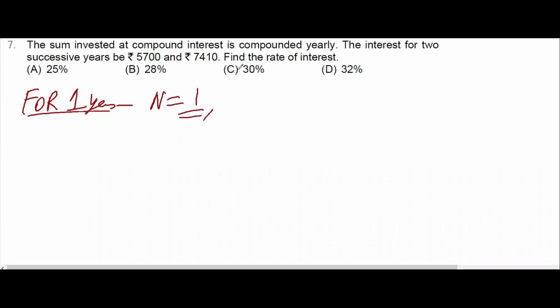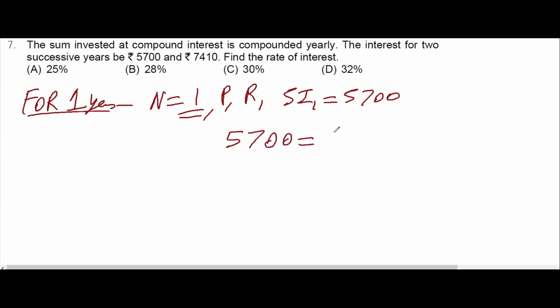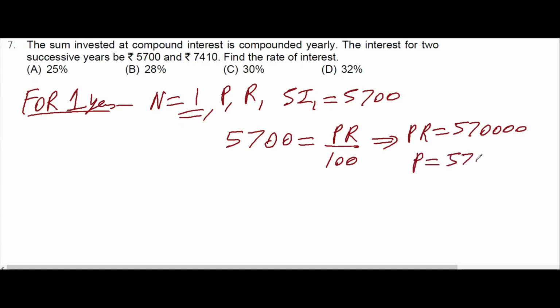Principal you don't know, so it will be P. Rate of interest you don't know, it will be R. But simple interest 1 is given to you, that is 5700. So you apply the formula of simple interest, PRT upon 100. So I write 5700 is equal to PR, T is 1 so I'm not writing it, divided by 100. So I get PR is equal to 570000, or P as 570000 divided by R.